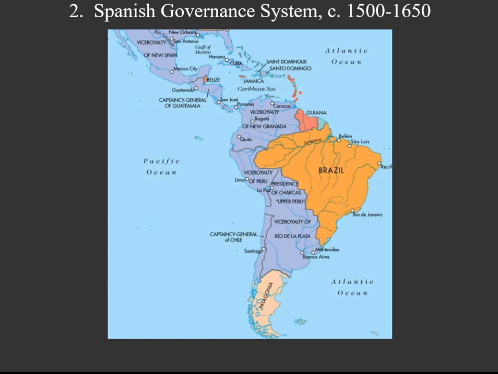Hernan Cortez is a great example of that. So right off the bat, the people that are owning the big chunks of land and setting themselves up as this landed aristocracy are almost by default the people that ignored government orders in the first place. So the governments are very concerned about those types of people becoming even more wealthy and more powerful in the American colonies over time.